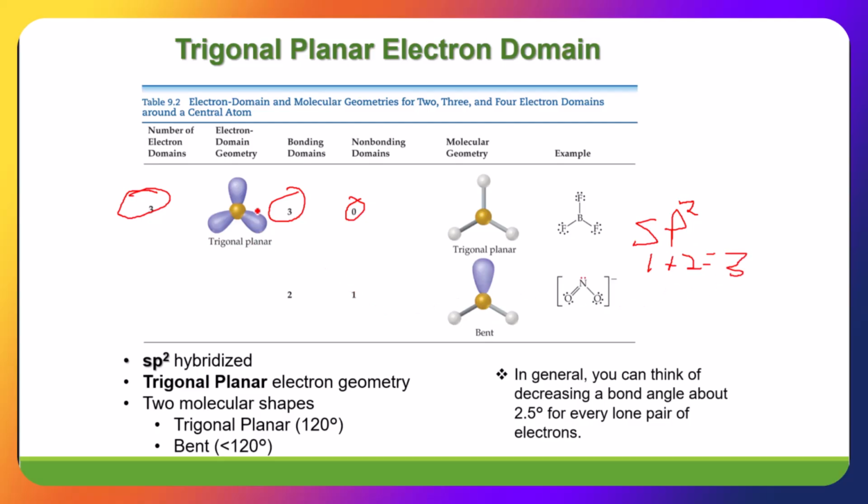That's 3 electron domains. Now, what if you do have a non-bonding pair of electrons? This is representing a non-bonding pair of electrons right here. They take up more space. So this is like nitrogen dioxide, or actually the nitrite anion, NO2 with a -1 charge.